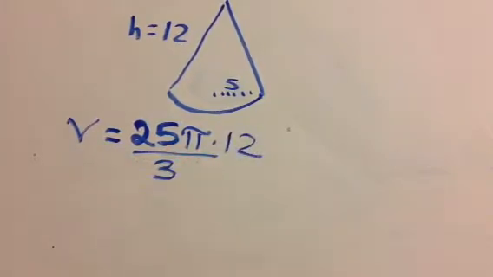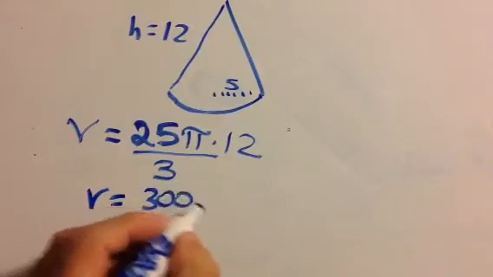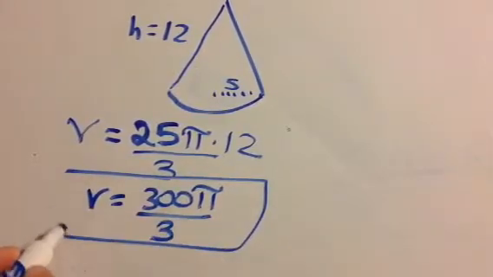So that's the first part. Okay, so 25 times 12 is 300, so the volume now is 300 pi divided by 3. That's our next step.